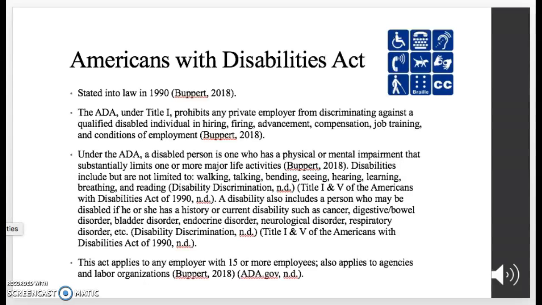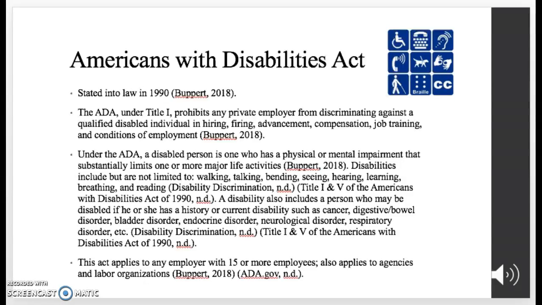Disabilities include, but are not limited to, walking, talking, bending, seeing, hearing, learning, breathing, and reading. A disability also includes a person who has a history of or current disability such as cancer, digestive and bowel disorder, bladder disorder, endocrine disorder, neurological disorder, respiratory disorder, and more.